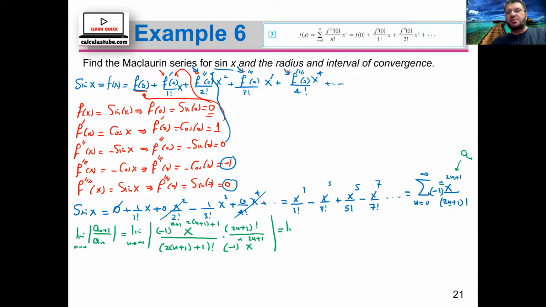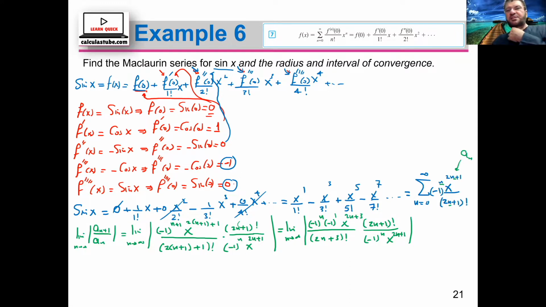Now this is equal to the limit as n goes to infinity. I'm going to expand this to minus 1 to the n times minus 1 to the 1, isn't it? And this one, by the way, 2n plus 2 plus 1 is 2n plus 3, isn't it? So this is x to the 2n plus 3 divided by 2n plus 3 factorial. And here is 2n plus 1 factorial divided by minus 1 to the n and x to the 2n plus 1.